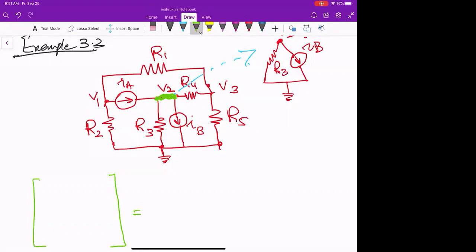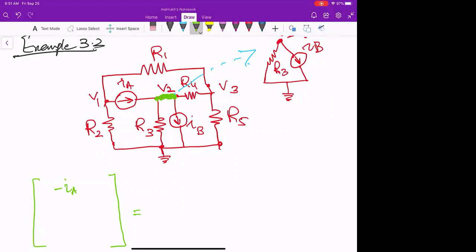The independent current source that you are seeing that is leaving is IA, right? So is it negative IA? Yes, I will just write negative IA.